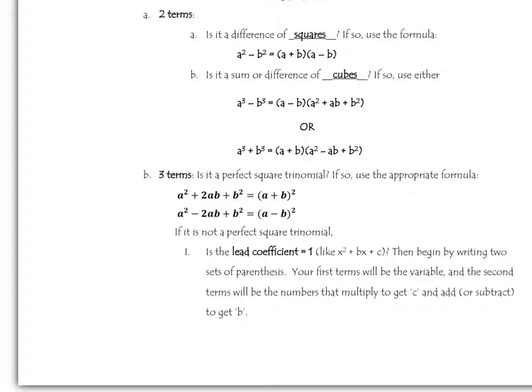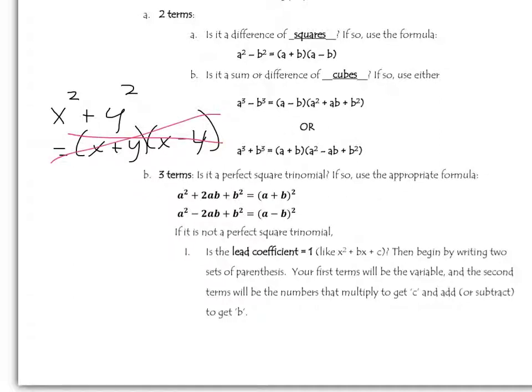So you might get a problem like x squared plus y squared, and you might be tempted to write down x plus y, x minus y, and you would get it wrong. X squared plus y squared is prime and cannot be factored.